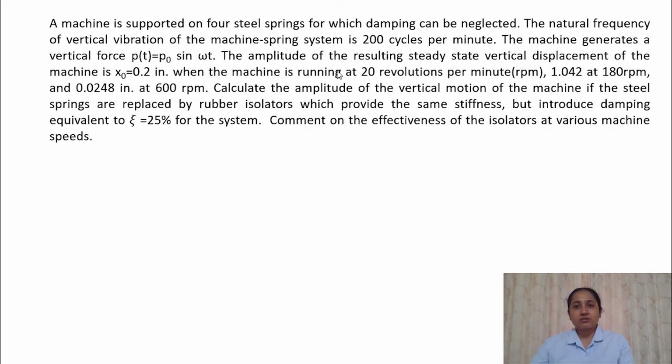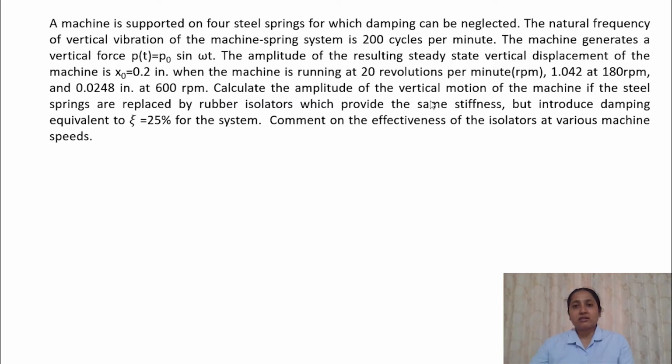The amplitude of the resulting steady state vertical displacement of the machine, x0, is equal to 0.2 inches when the machine is running at 20 revolutions per minute, and the amplitude is 1.042 at 180 rpm, and 0.0248 inches at 600 rpm.